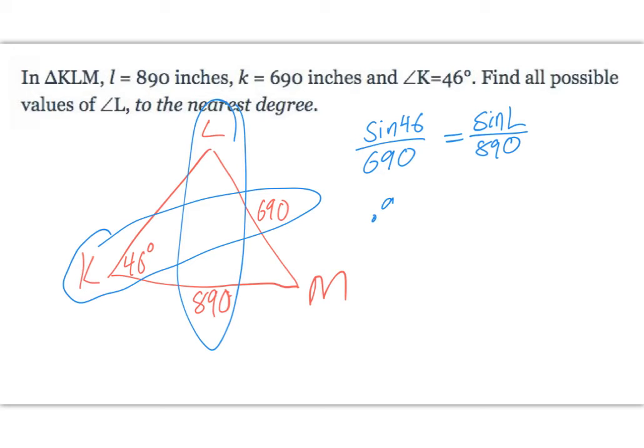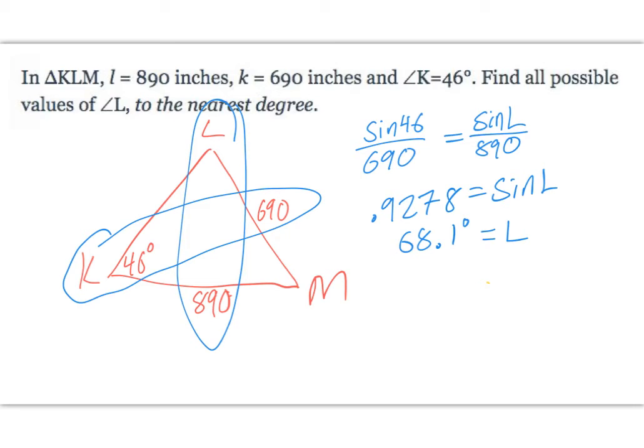And we've got 0.9278 is equal to sine of L. We know to get L, we've got to do an inverse trig thing. And when I do that, I got 68.1 degrees.